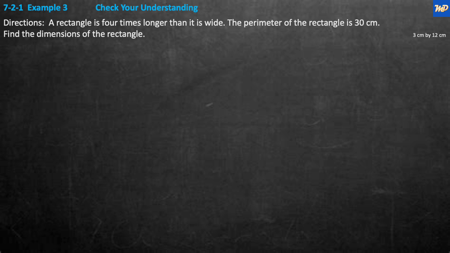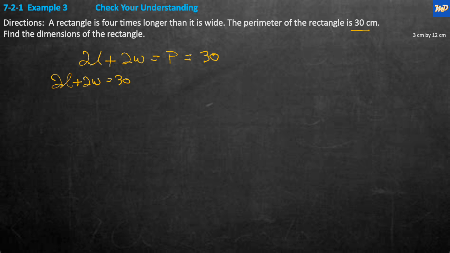A very common equation is 2L plus 2W is equal to the perimeter, and the perimeter we already know is 30 centimeters. So there's one equation: 2L plus 2W is equal to 30.